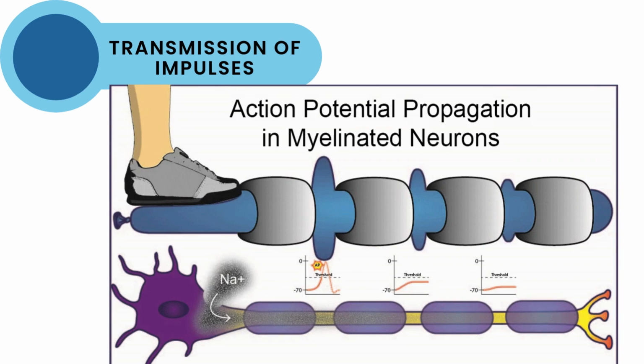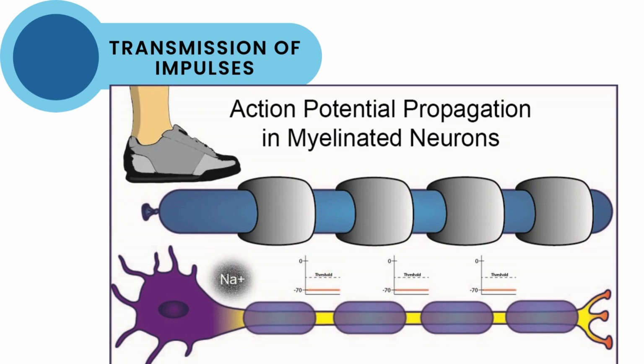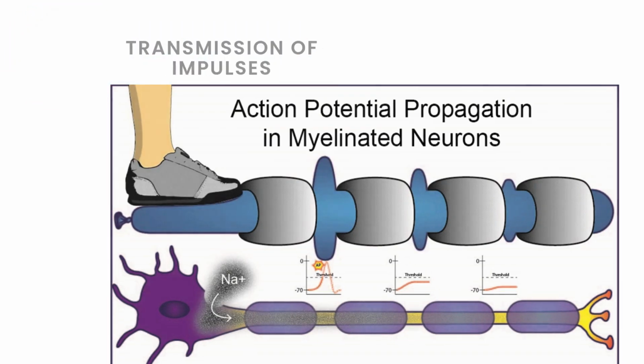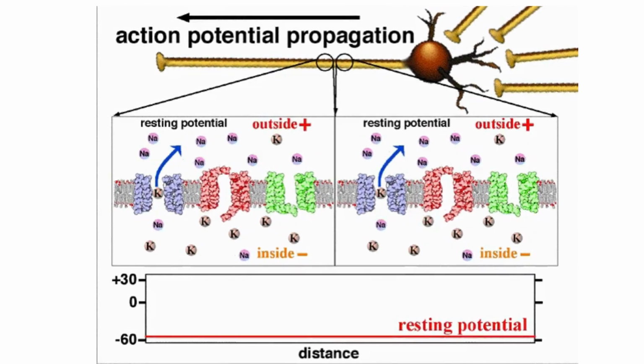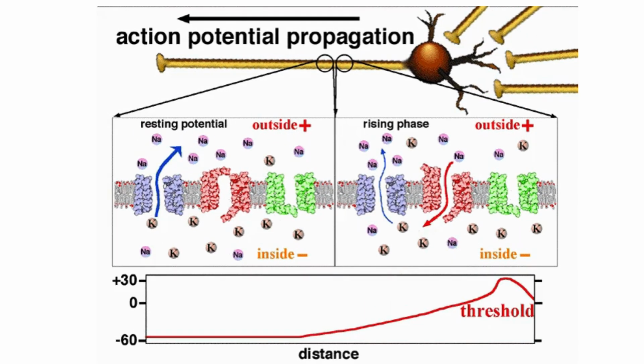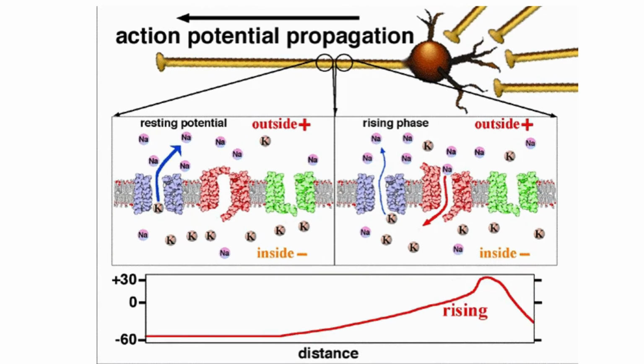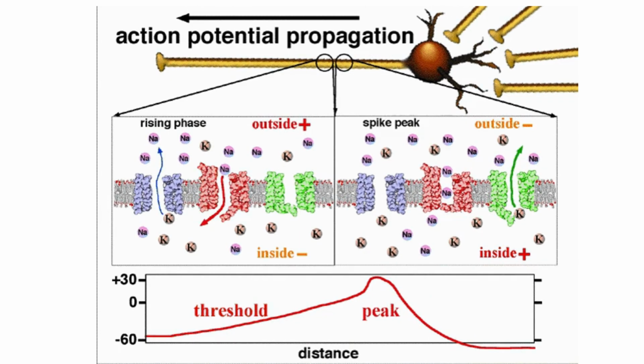The action potential. When a dendrite receives a stimulus, just like when you turn on the switch on the wall of your house, the beginning of the axon is stimulated. That part of the axon becomes temporarily depolarized by the inward flow of sodium ions and outward flow of potassium ions.